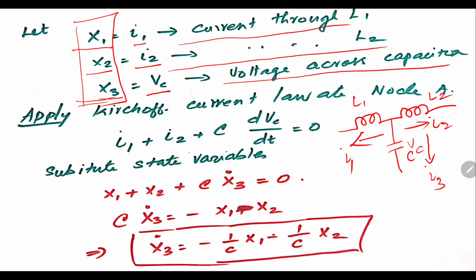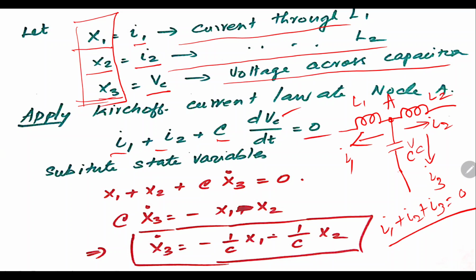So all the currents are going away from node A. So the sum of the currents through these elements, that is the inductors and the capacitor, is given as I1 plus I2 plus I3 is equal to 0. So I1, I2 and I3, which is C, where Vc is the voltage across the capacitor, and the current through the capacitor is C into dVc by dt, is equal to 0.